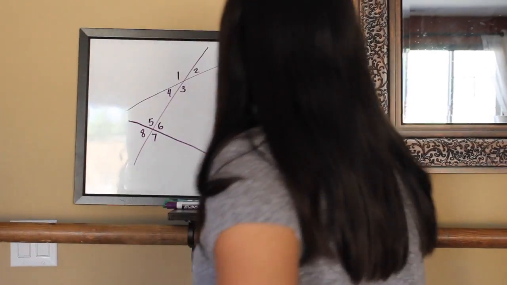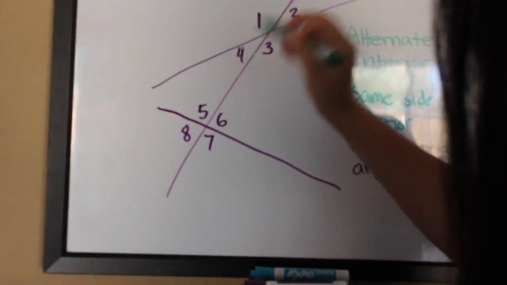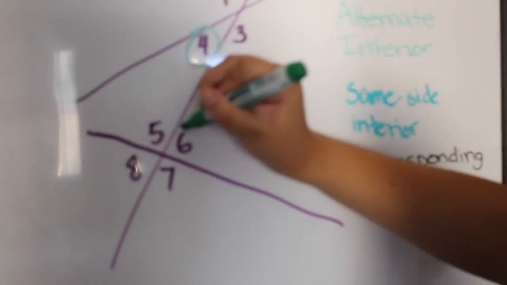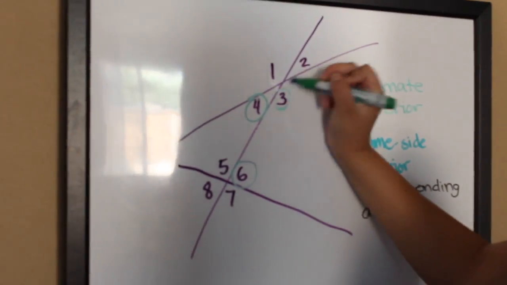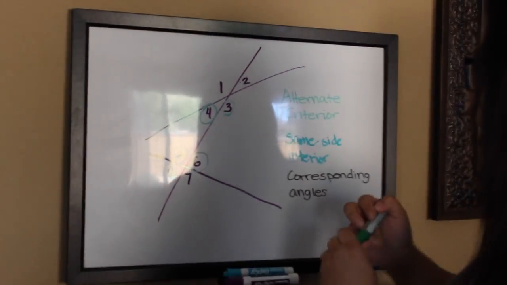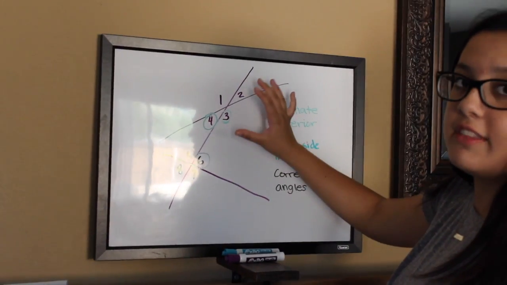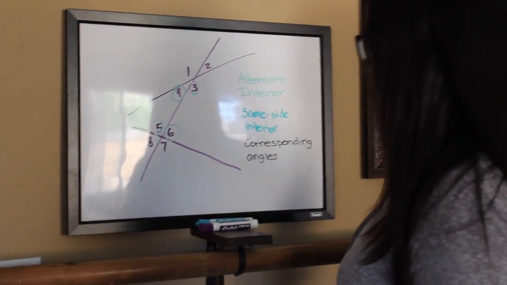So in this example, the alternate interior angles would be 4 and 6 and 3 and 5 because they are on the inside of the section and they are parallel to each other.